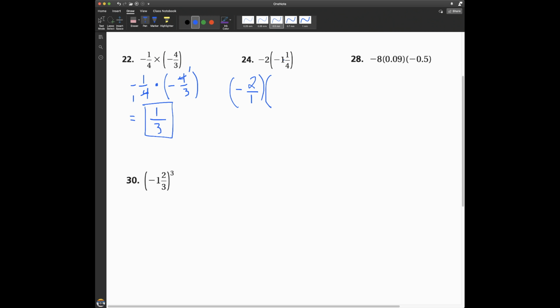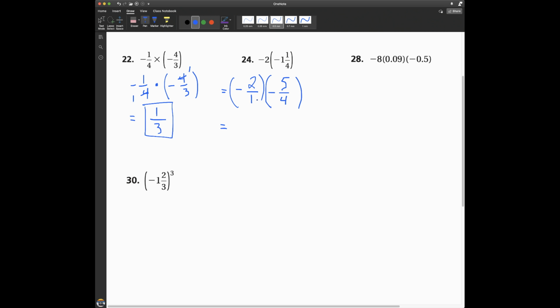So 4 times 1 is 4 plus 1 is 5, and it's still going to be negative. So -5/4. Okay? And is my answer going to be positive or negative? Well, these two rational numbers have the same sign, so my answer will be positive. So I don't even think about the sign anymore. My answer is going to be positive.